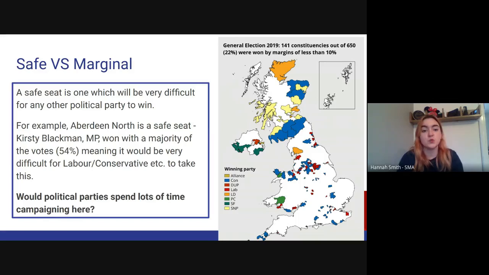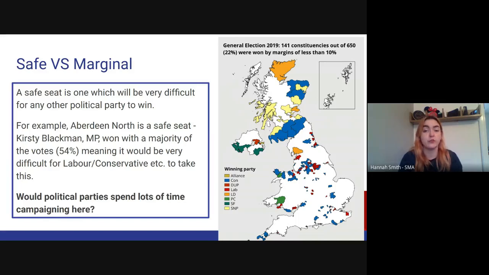A safe seat is one which is going to be really difficult for another political party to win over. It's one where the person has normally won a majority of the votes, so actually convincing all those people to vote for a different party, it's a lot of effort. The example I've given you here is Aberdeen North. It's a safe seat. Kirsty Blackman, our current MP in this area, won a majority of the votes in the last election in 2019.